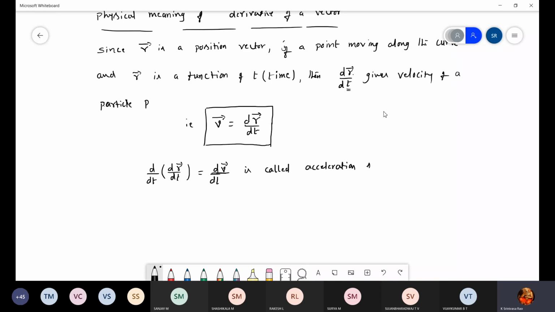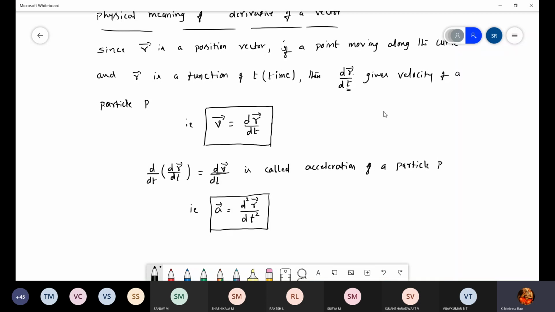Acceleration of a particle p, denoted as a, equals d by dt of dr by dt, or dv by dt. I will simply write d square r by dt square. One time if you differentiate, you get velocity; two times, you get acceleration. This is the basic concept again.